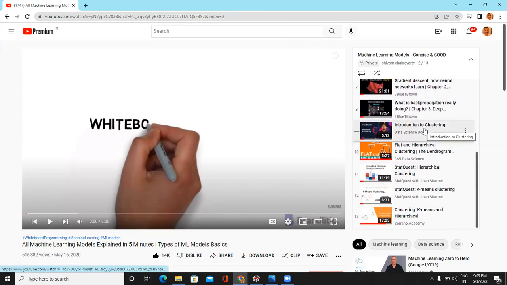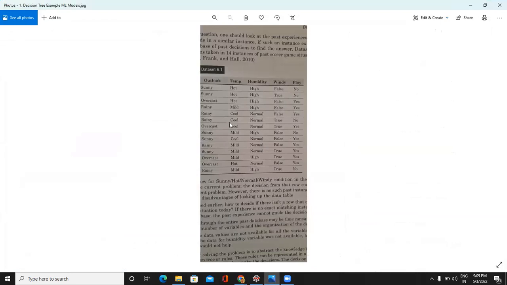Then today we will be looking at clustering. Clustering was not discussed last time. So we will see a couple of videos on clustering, discuss the basic concept, then come back to decision trees and solve a problem. So this is the decision tree data we have.